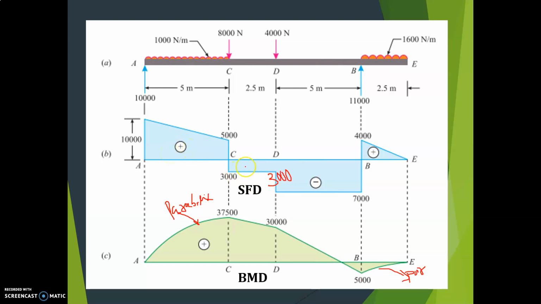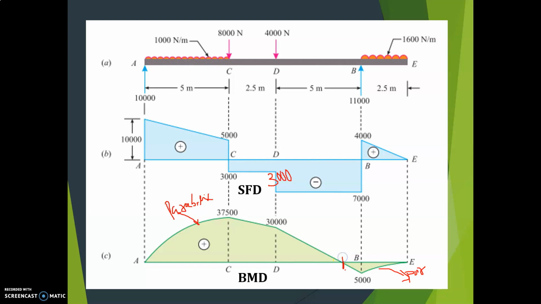That is where the sign changes from minus to plus, that is at C, where the bending moment is plus 37.5 kilonewton meter. So the positive bending moment occurs at C and the negative bending moment occurs at B. No need to calculate x and all; directly you can write the value because it occurs at certain points only.